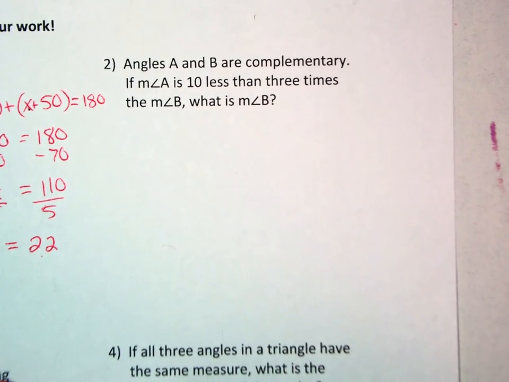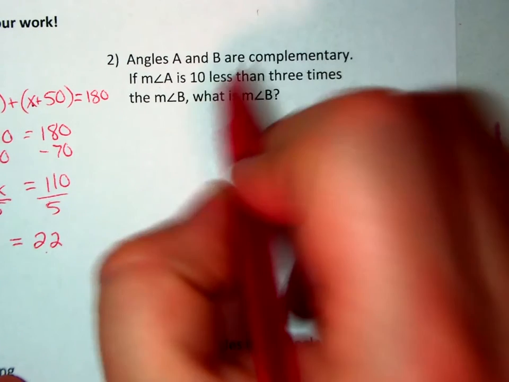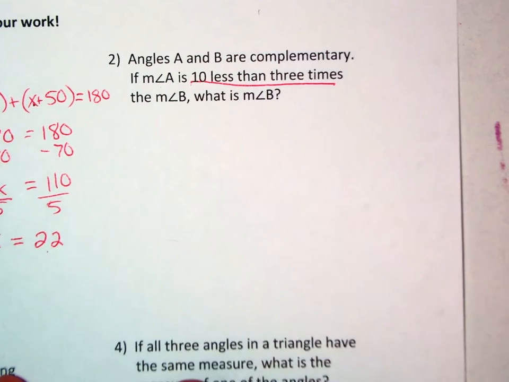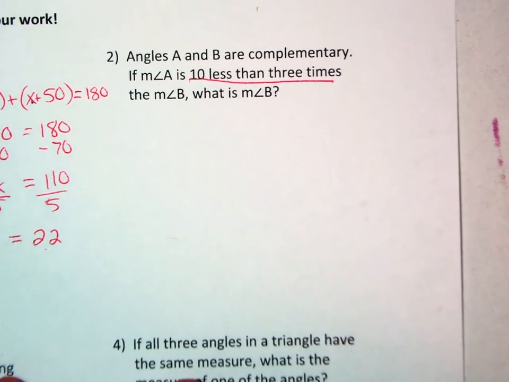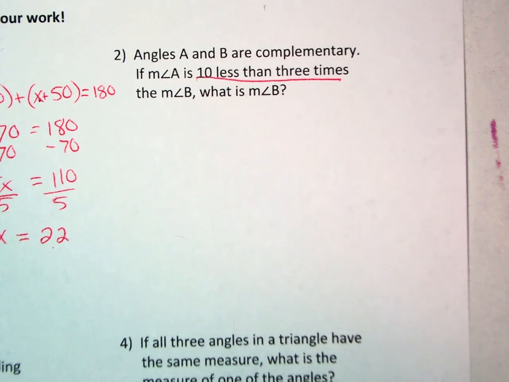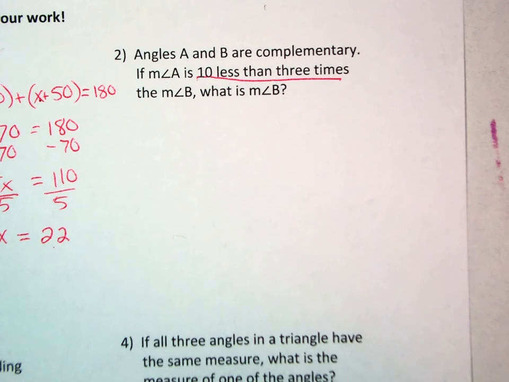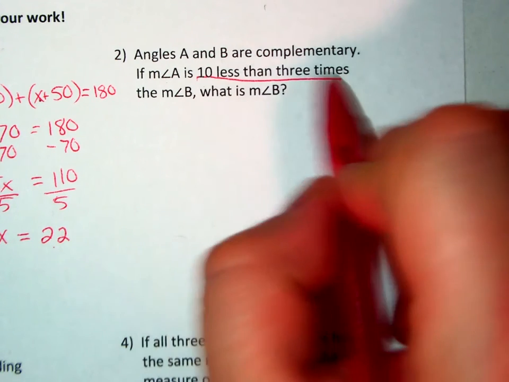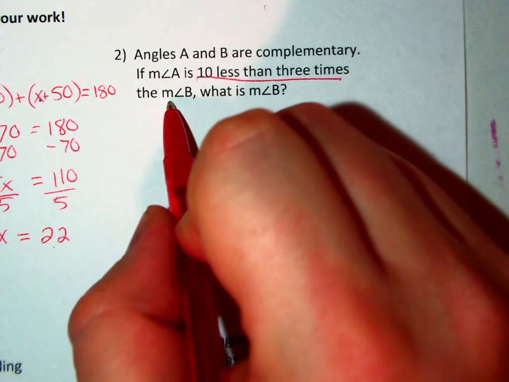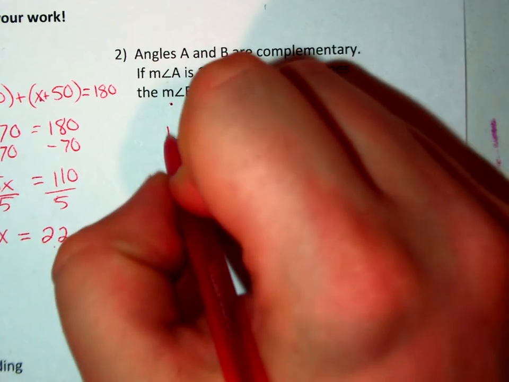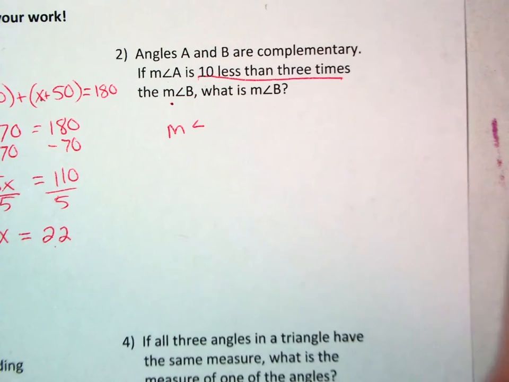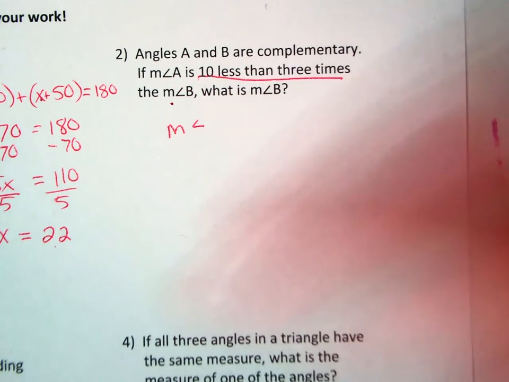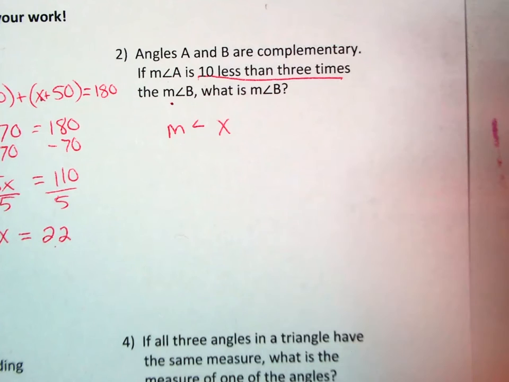Number 2, not necessarily a complicated problem, except that I'm guessing some of you may have struggled with remembering how to rewrite this statement in terms of an expression: 10 less than 3 times the measure of angle B. Currently we don't know the measure of angle B, and there's no information to support what else angle B could be other than x.